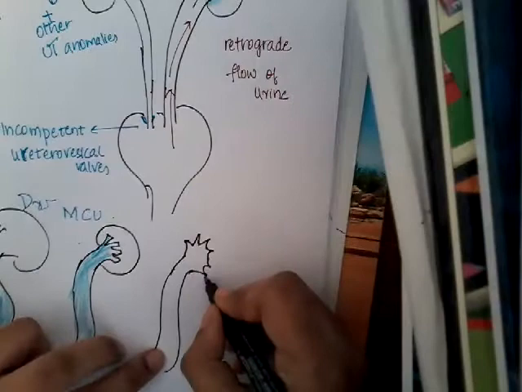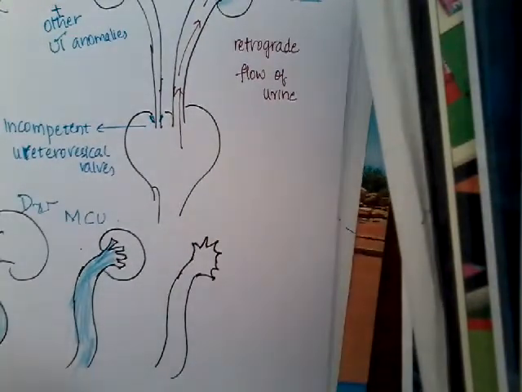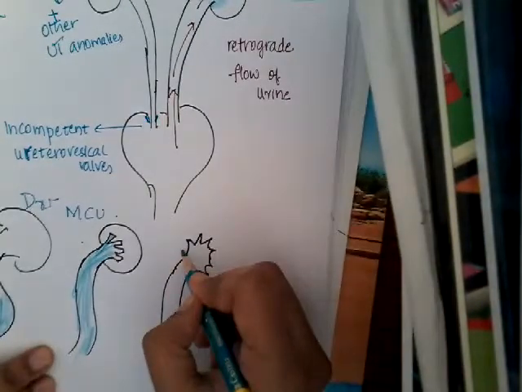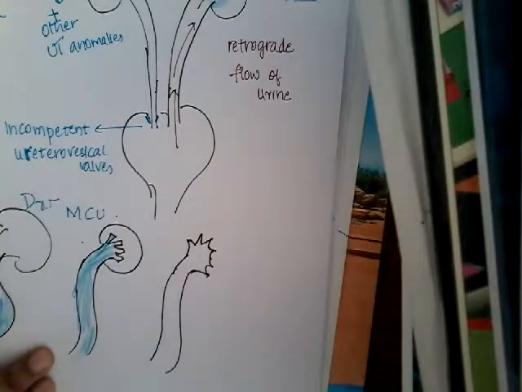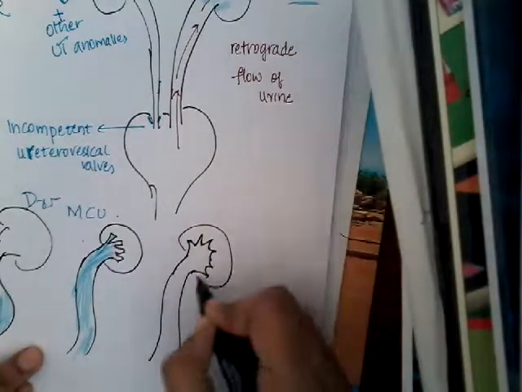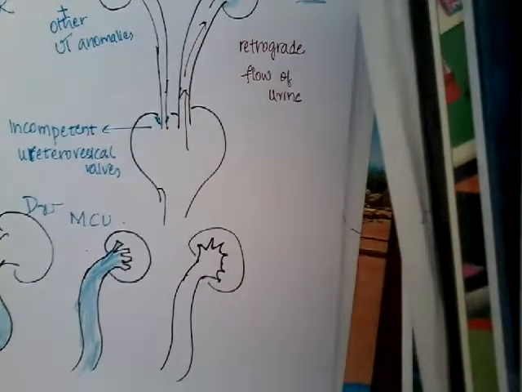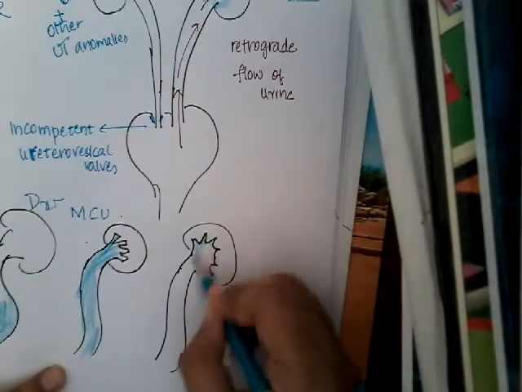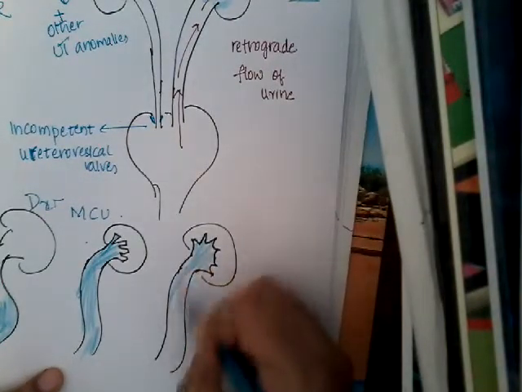These calyces are not blunted. They are sharp and pointed. But it has reached up to the pelvis, and there is dilatation of the pelvis.